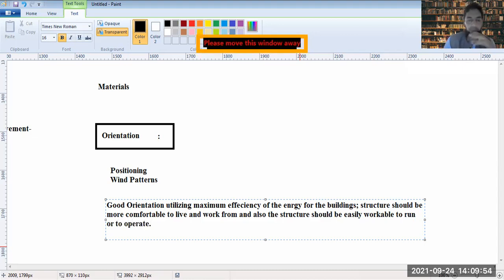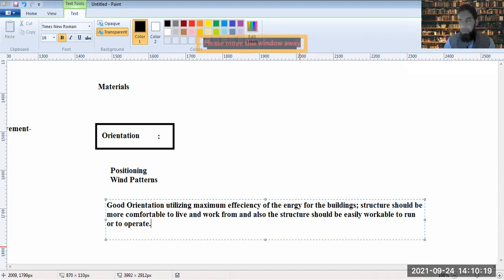So a good orientation for a building is one wherein you are utilizing the maximum efficiency of the energy of the building, and you are also utilizing this passive energy from the sun, and also keeping the structure in such a way that you have the maximum ventilation comfort within your rooms from the wind that's blowing across and along.